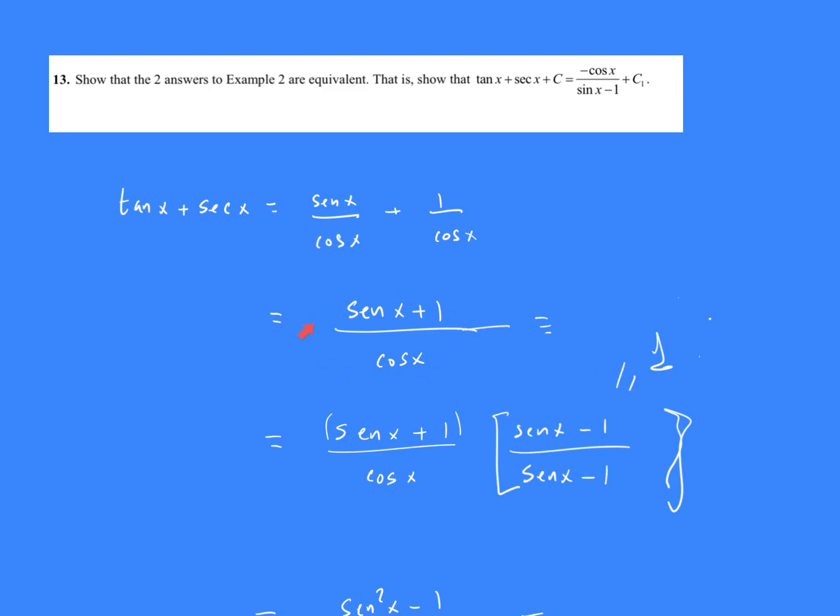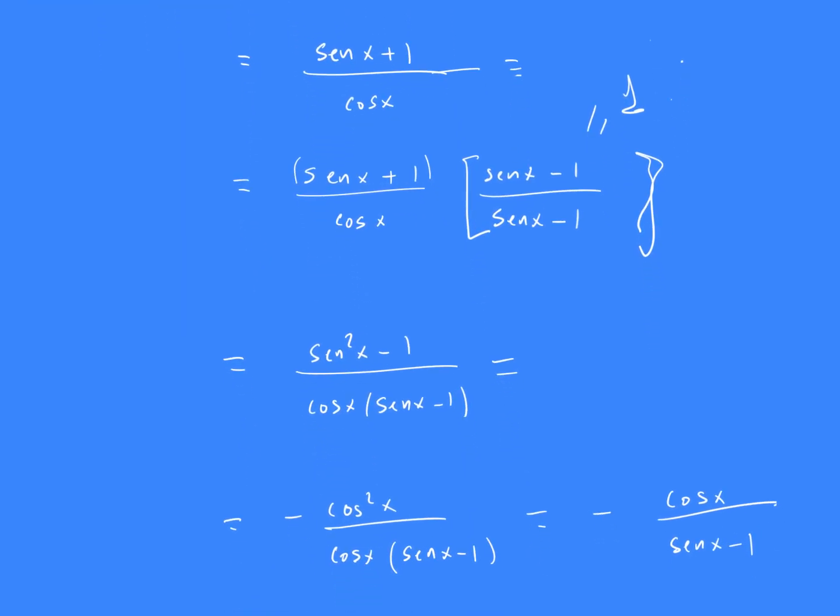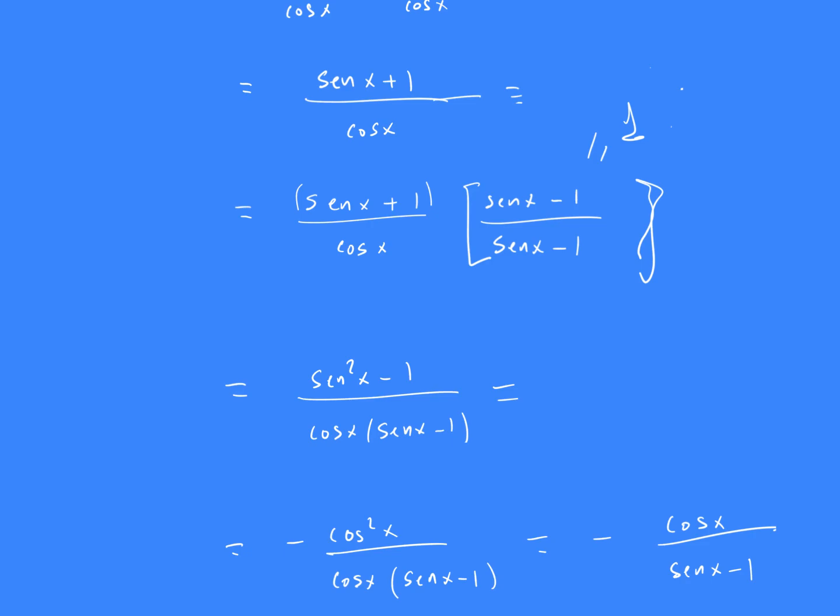Now, when I have this expression, I have to multiply by 1. So I will multiply by the conjugate of the numerator, which is sine of x minus 1 divided by sine of x minus 1. So this is a plus b multiplied by a minus b, which is a squared minus b squared. So in the numerator it will appear sine squared of x minus 1.